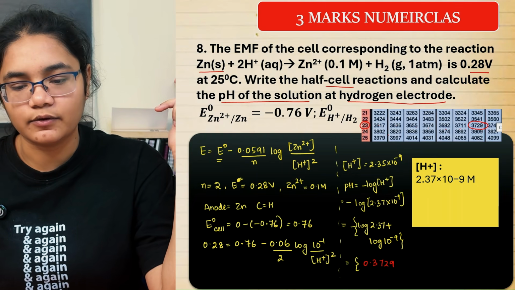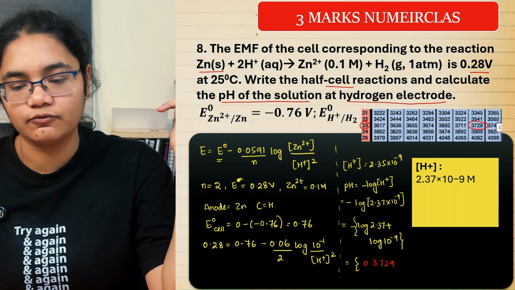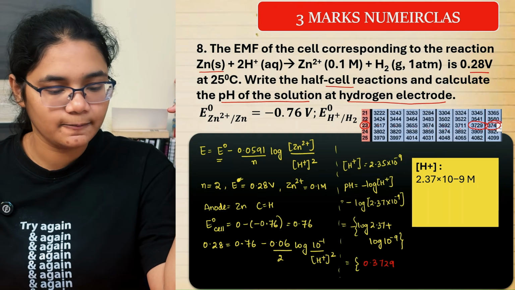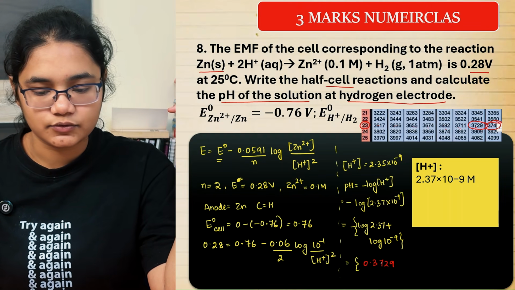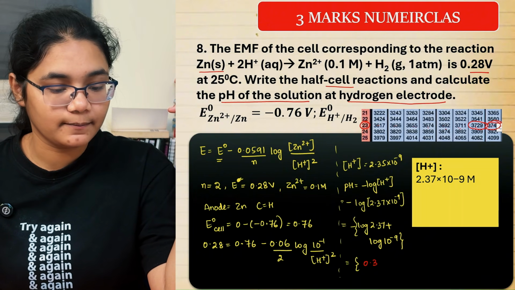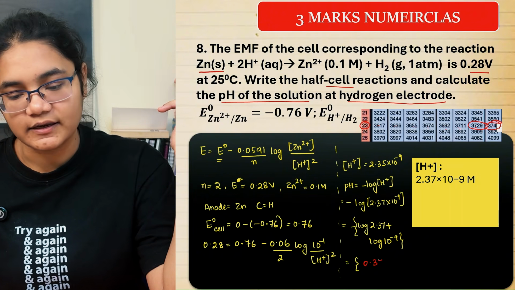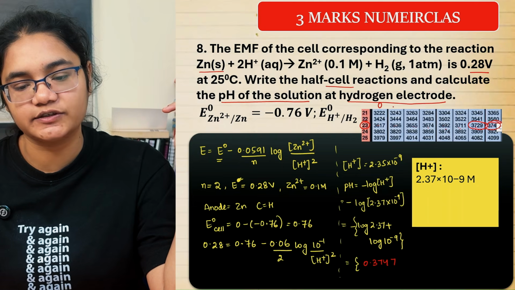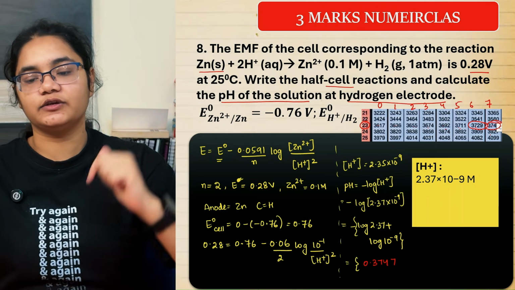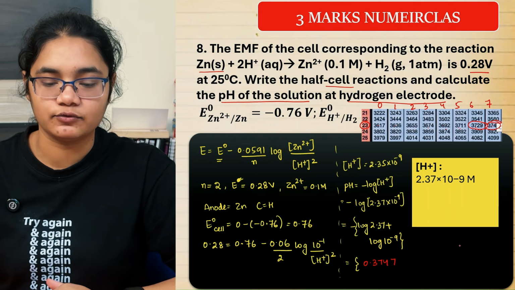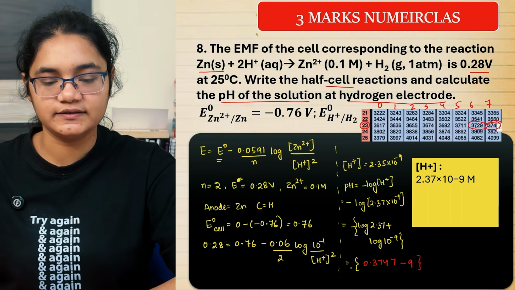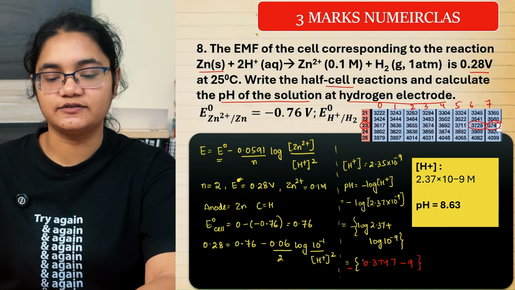It starts from 0, so the value is 3747. So here you have to say it is 0.3747, and log of 10 to the power of minus 9 is minus 9. Now if I solve this, with the minus outside, you will get around 8.63.